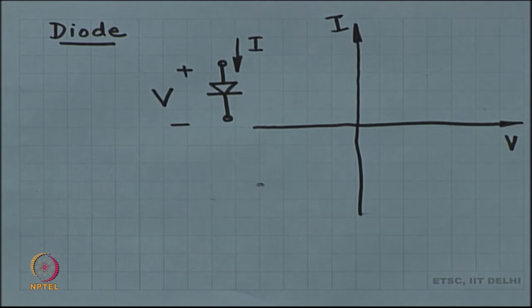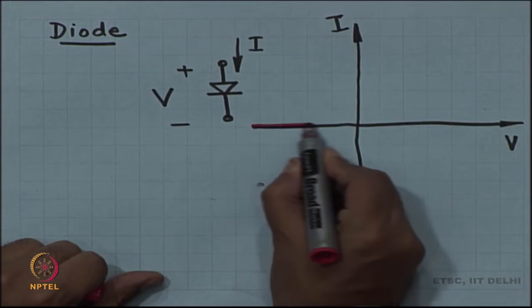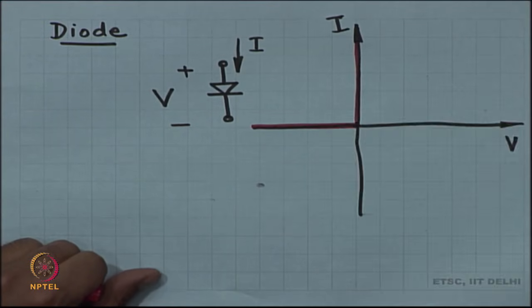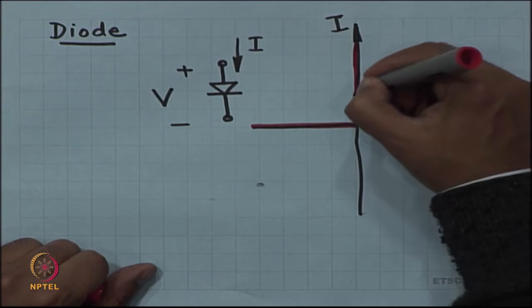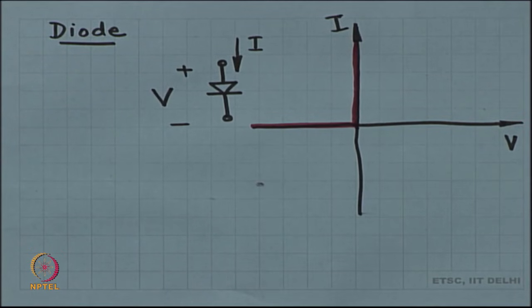So, an ideal diode, a diode that I would really like to purchase, but is not available in the market, would have a characteristic that looks like this red curve, or you can't really see it because it is merging with the axis. So, it is going along the negative x axis and the positive y axis.